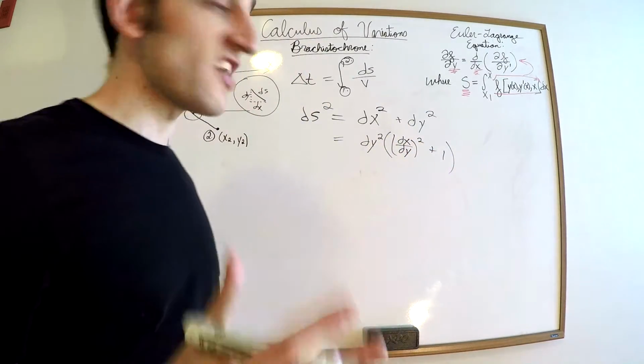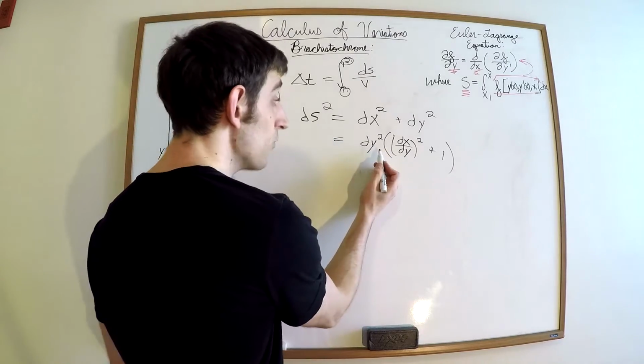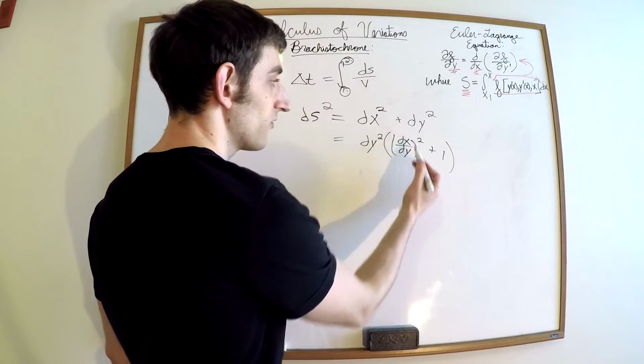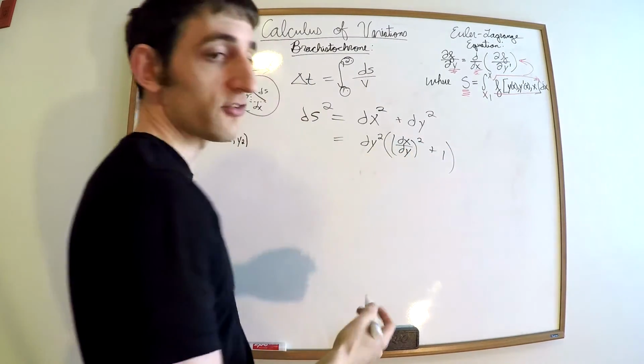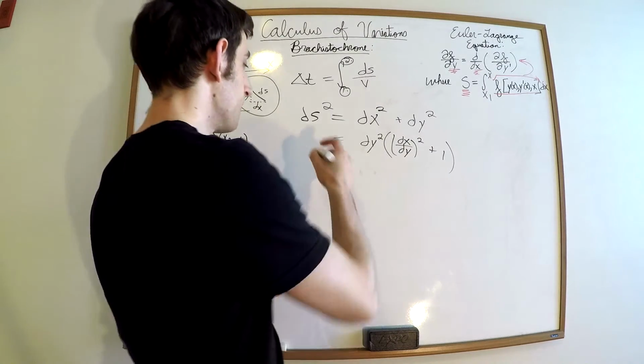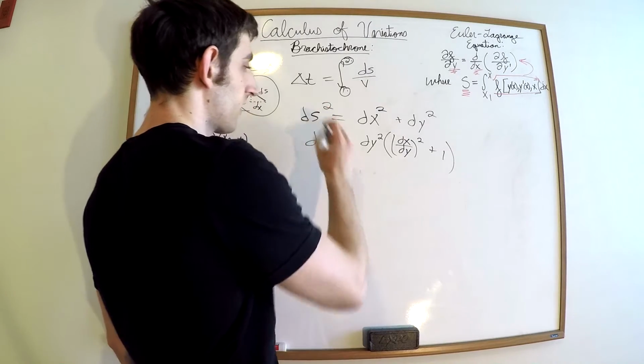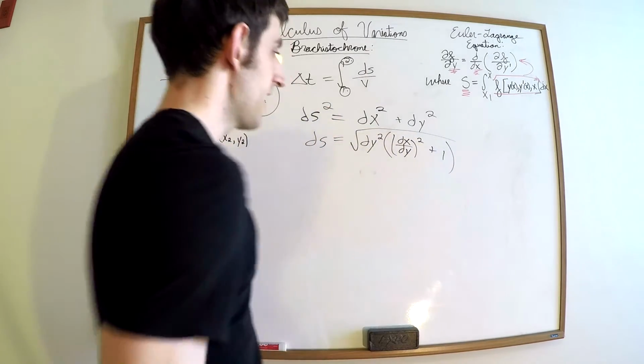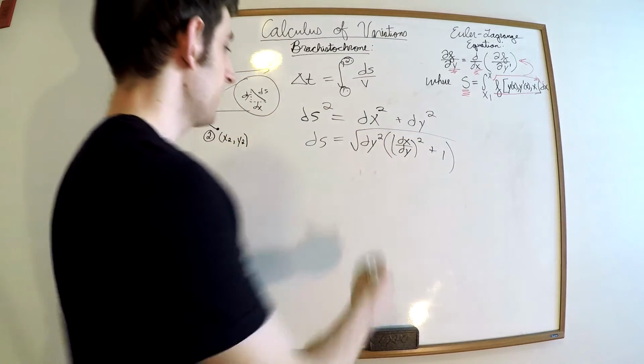Again, we did not change anything here. If we multiply dy squared through, this cancels out. We get dx squared plus dy squared. Same expression. We didn't change anything here. So what I'm actually going to do is also take the square root. And this allows us to pop out that dy.